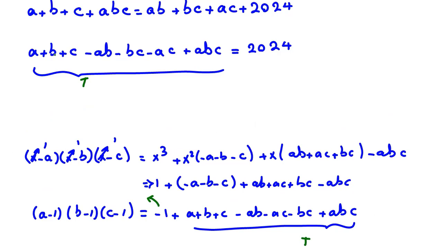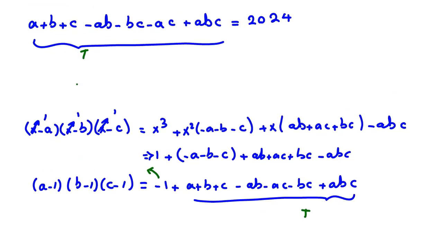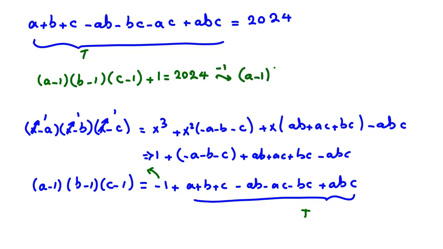So it is a minus 1 times b minus 1 times c minus 1. We take negative 1 to the left hand side, it will be plus 1 equal to 2024. If we subtract 1 from both sides, it will be a minus 1, b minus 1, c minus 1 equal to 2023.